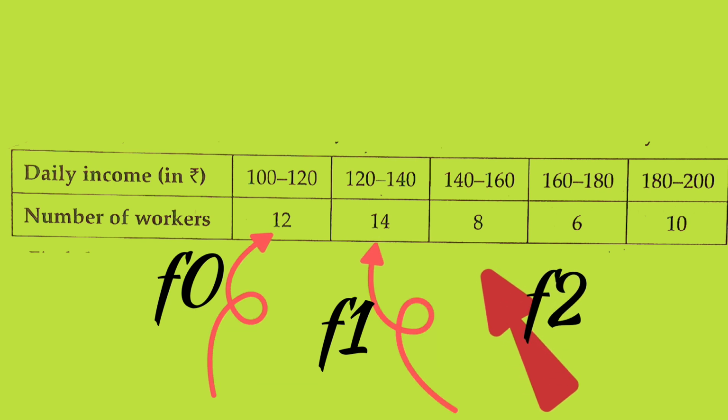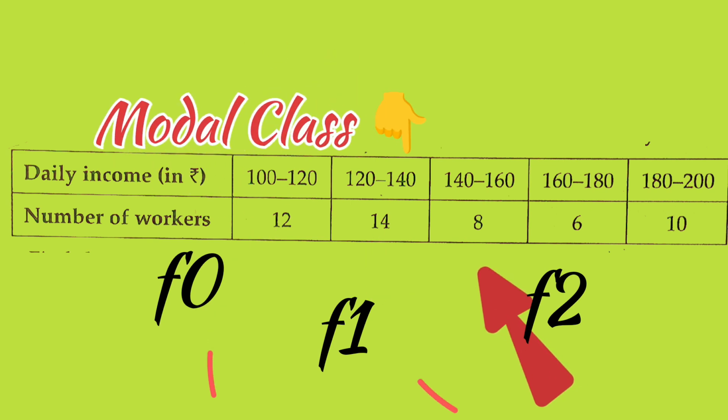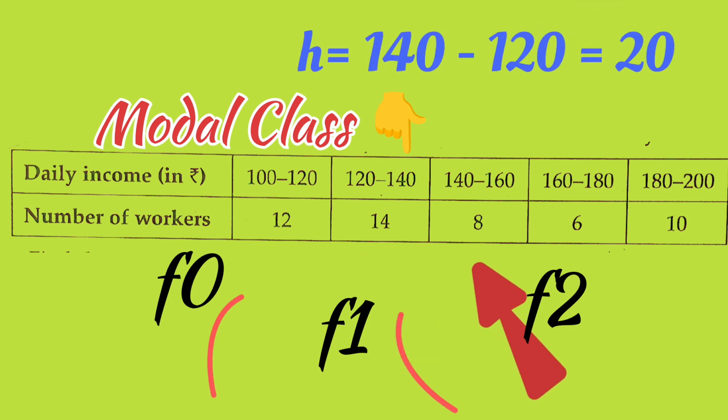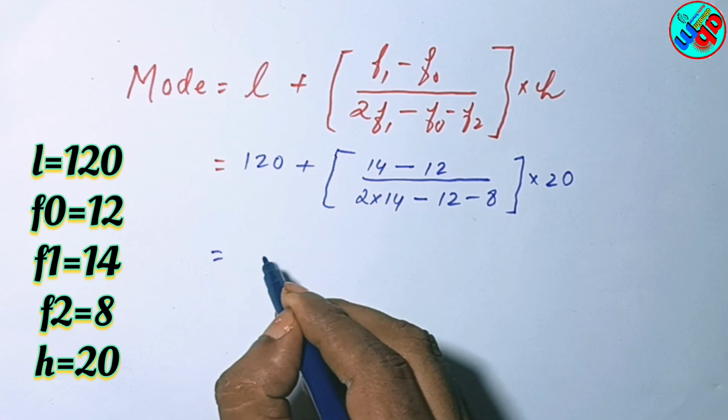As we have the frequency 14, we have our modal class as 120 to 140, from which we can find out the size of the class interval as 140 minus 120. Now let us calculate with the given formula, where we substitute the values and calculate it.